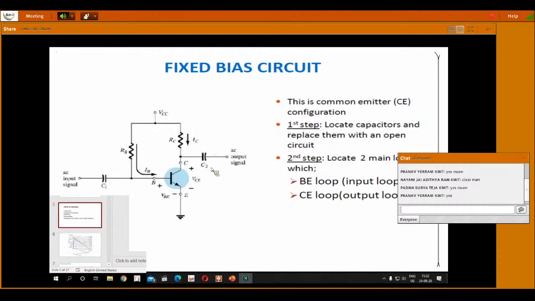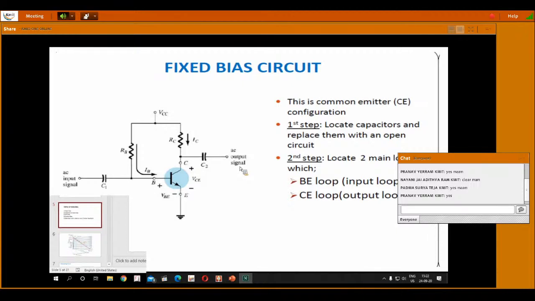So C1 and C2 are the coupling capacitors. You connect C1 in order to apply the AC input signal, and C2 in order to obtain the AC output signal from the collector terminal of your transistor.